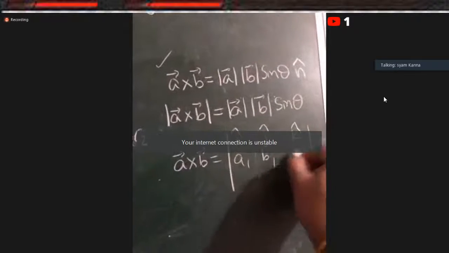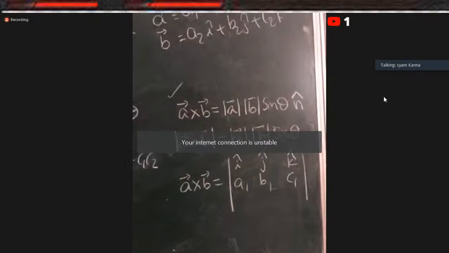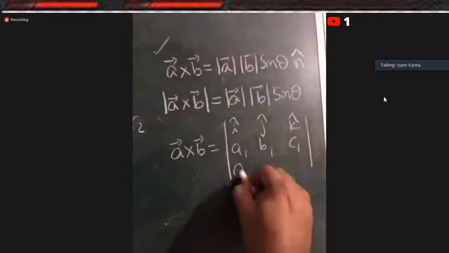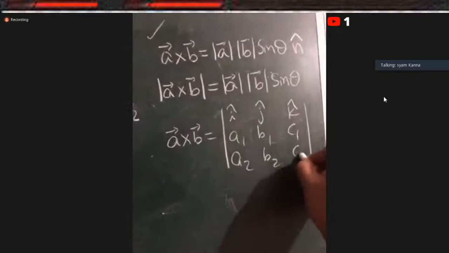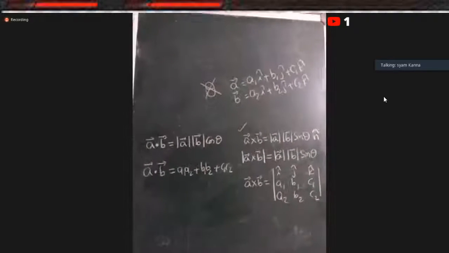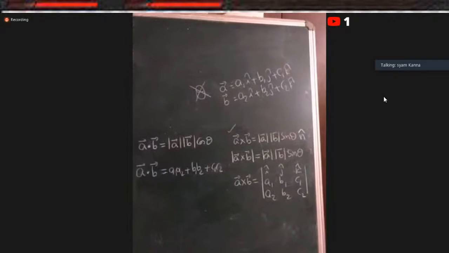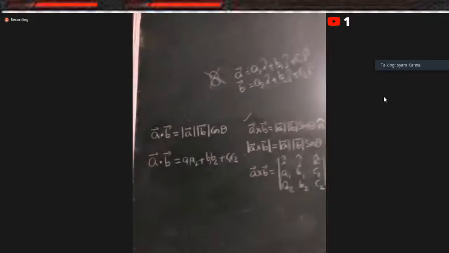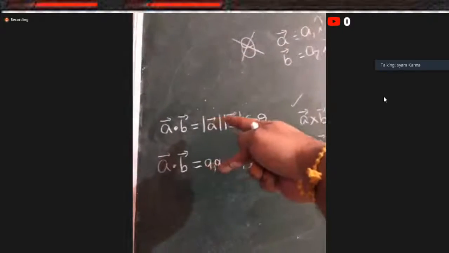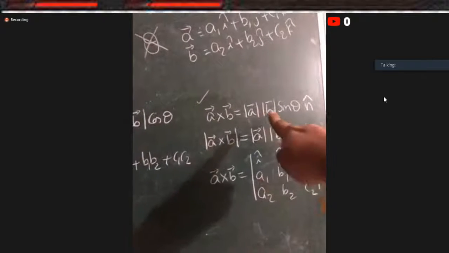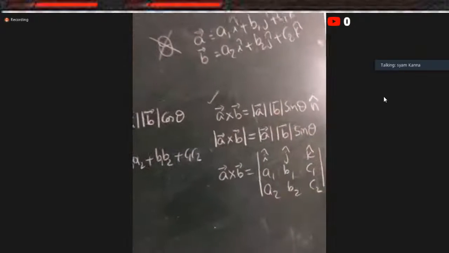In the next row, you write A2, B2, C2. That is A bar cross B bar. A bar dot B bar, A bar cross B bar. For dot product, these are the two formulas. For cross product, these are the two formulas. With angle, without angle.